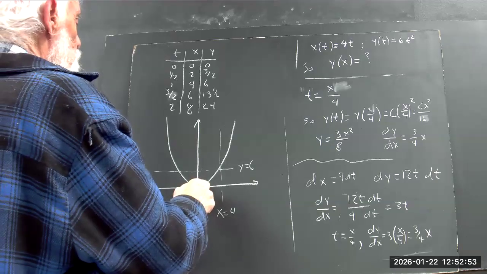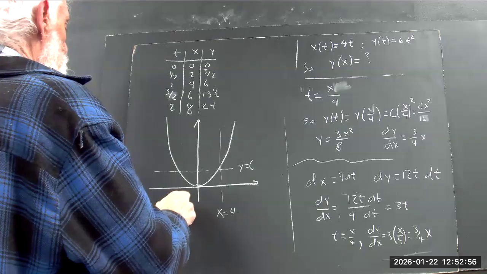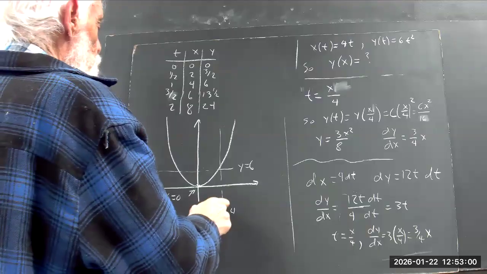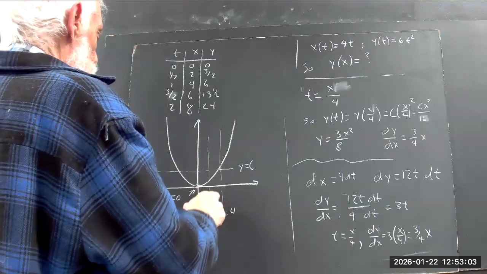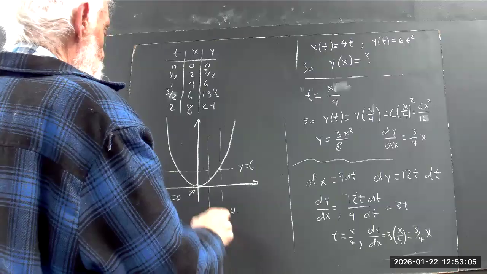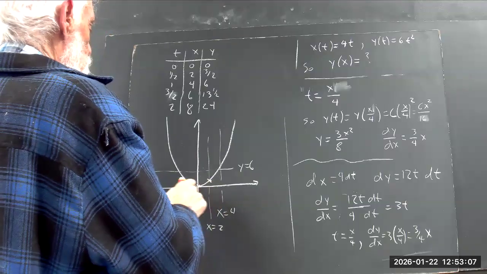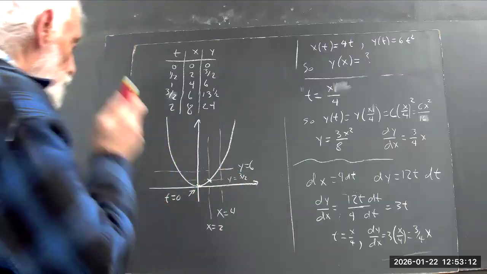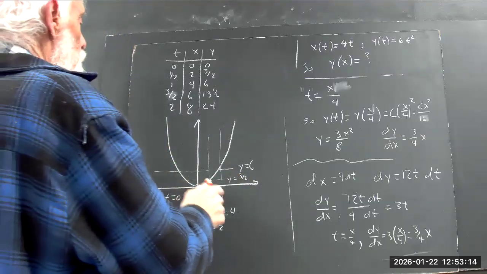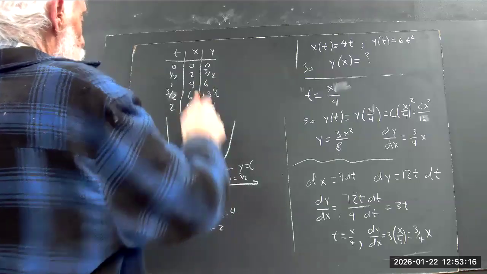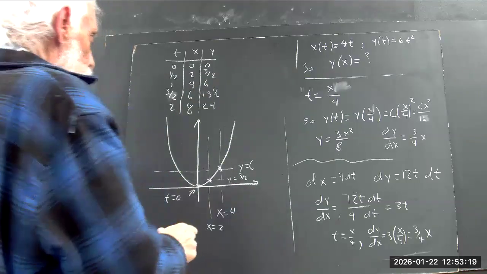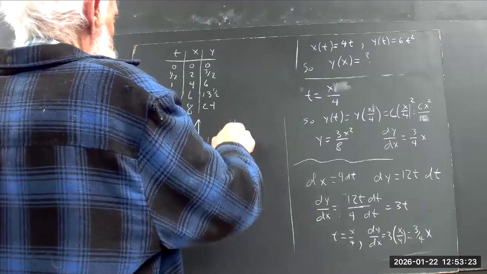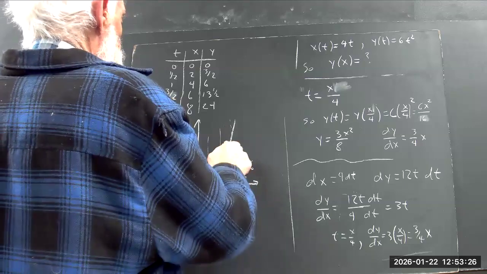Okay, so the t equals 0 point is here. The t equals 1/2 point is at 2, 3/2. So let's see, do a line for x equals 2 and y equals 3/2. Be about there. Then 4, 6, which we already had. Then 6, 13.5.